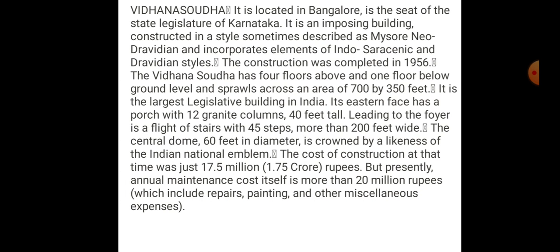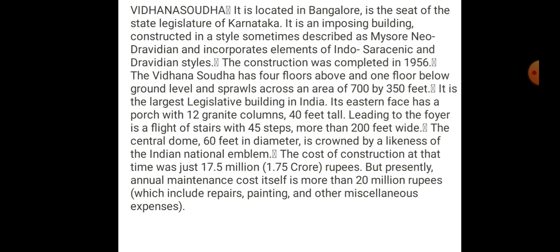Kengal Hanumantaiah was mainly responsible for this, and our Vidhana Saudha was constructed by prisoners who were in jail. It is said that after they constructed it, the prisoners were rewarded, that is, they were released from the jail.